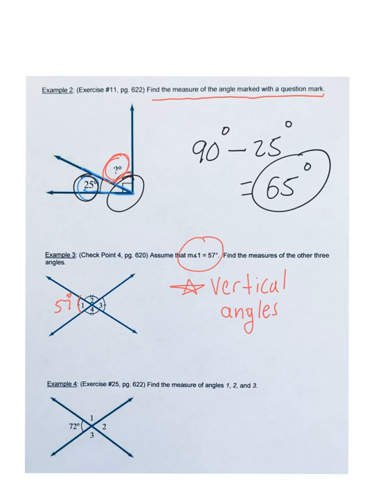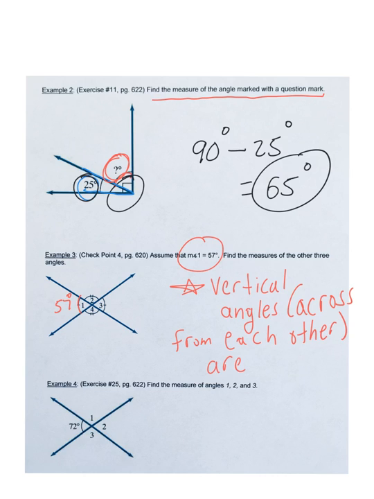The four angles that are formed, we have two pairs of vertical angles. And vertical angles are just simply the angles across from each other or opposite of each other.